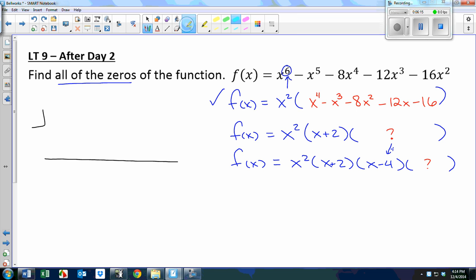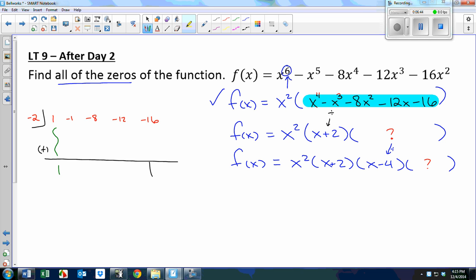First, we are dividing this polynomial by x plus 2. That would put a negative 2 in the half box, and the coefficients 1, negative 1, negative 8, negative 12, negative 16. Remainder bar, this is addition, and then we'll perform that division.